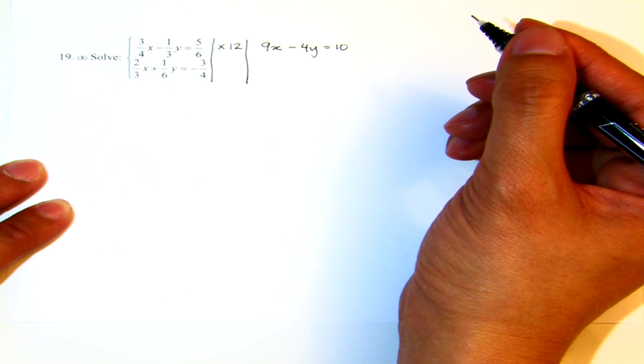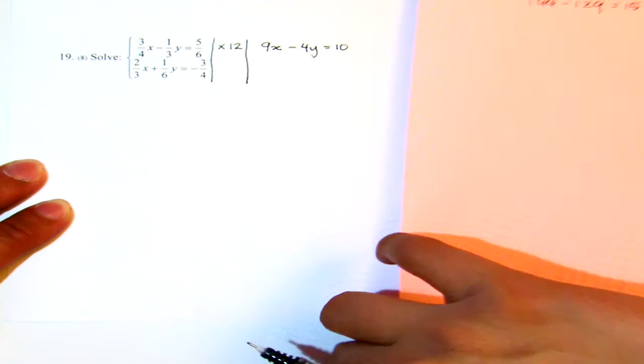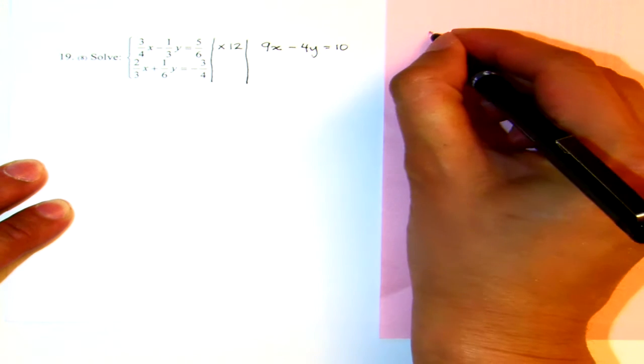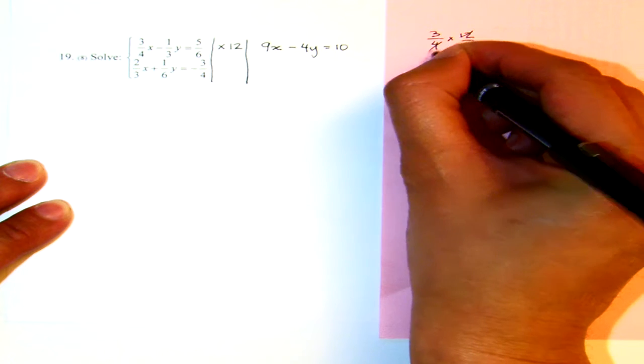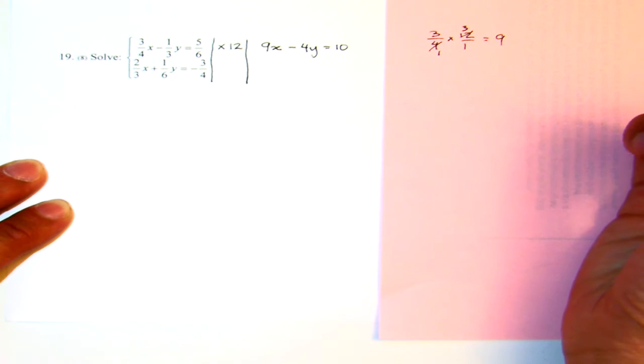Okay, now if you have a hard time to imagine what I do here, let me grab another paper. Think this way. Let's say 3/4 times 12. That's 9. Right?